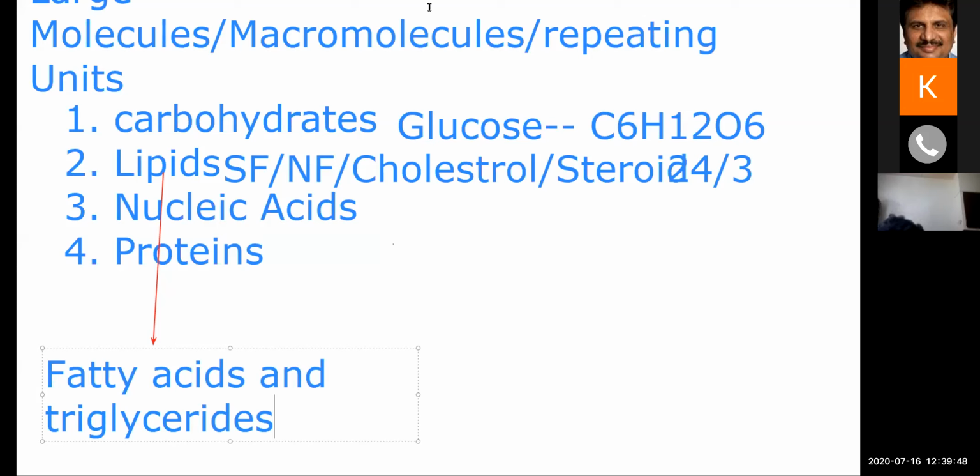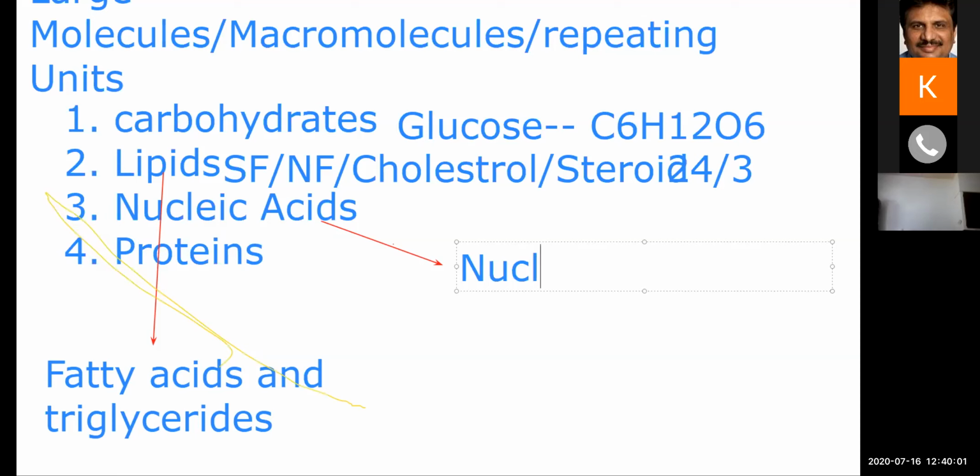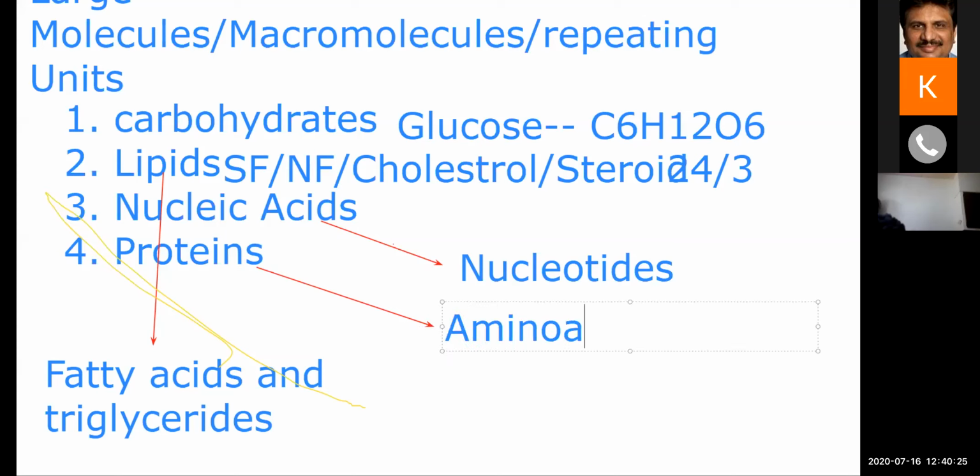Now, coming to nucleic acids. For nucleic acids, the building block is nucleotides, right? And for proteins, the building blocks are amino acids.